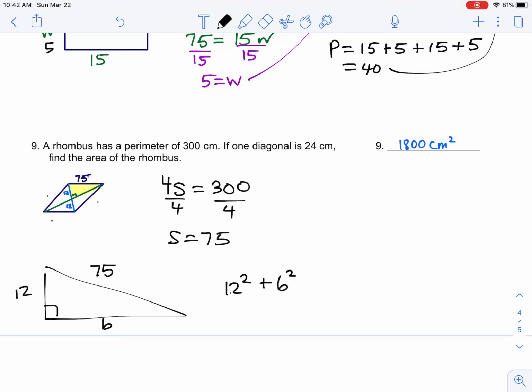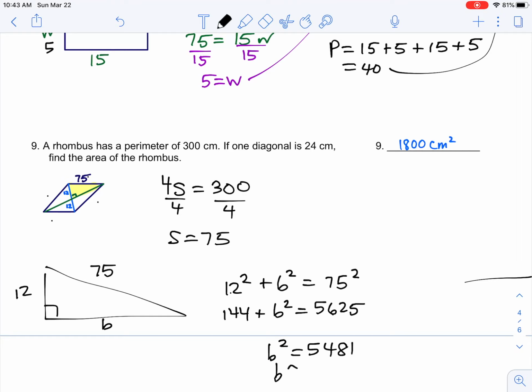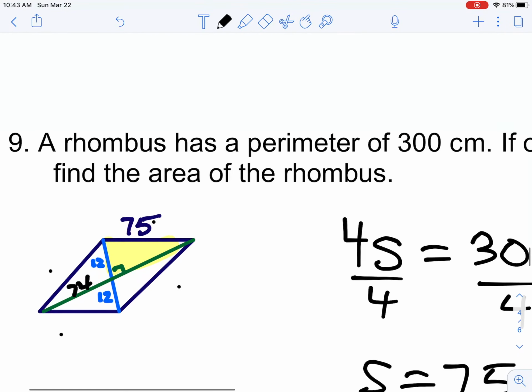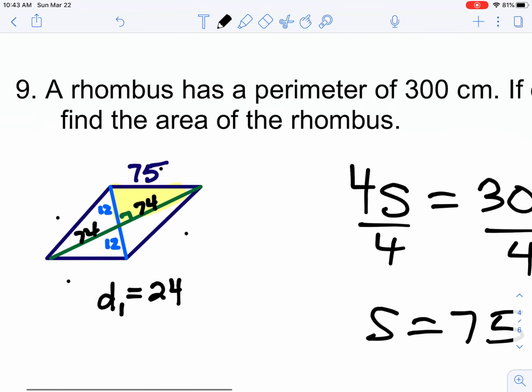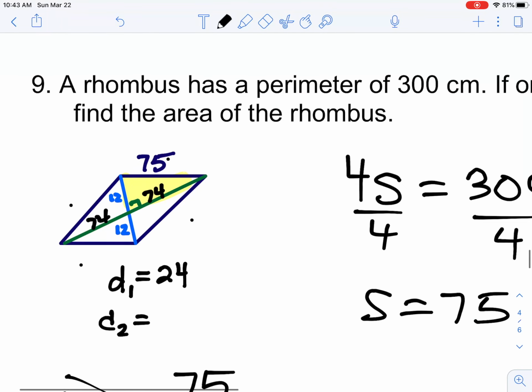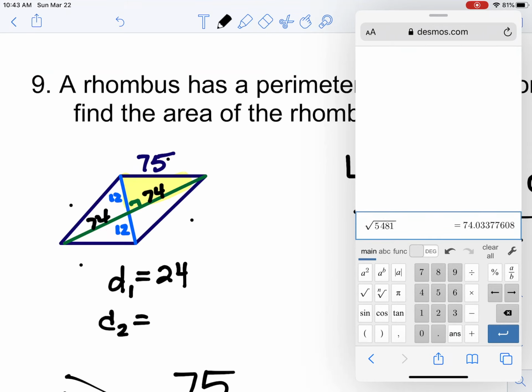Take the square root. And I get just about 74. Okay, so when I go back to this picture, I've got 74 and 74. Well, that means my diagonal 1 was 24, right? That was the original. My diagonal 2 is 74 times 2. 148.